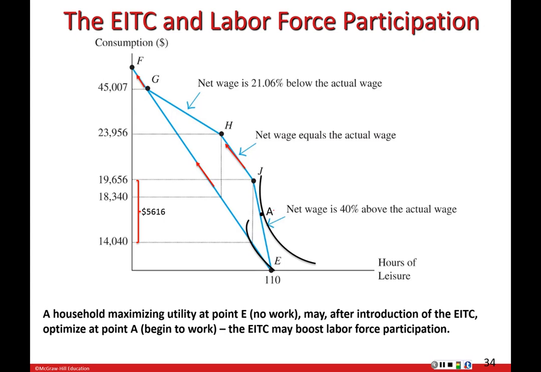Point A now may be optimal. So what the worker does is now the worker starts to work a little, consume less leisure than 110. So work hours are now that. That's hours of work.